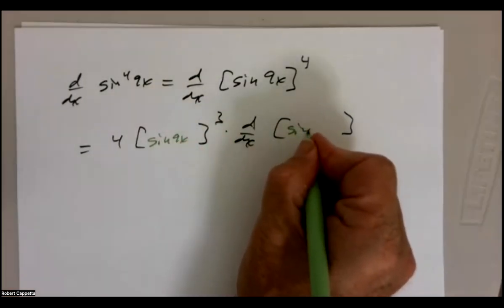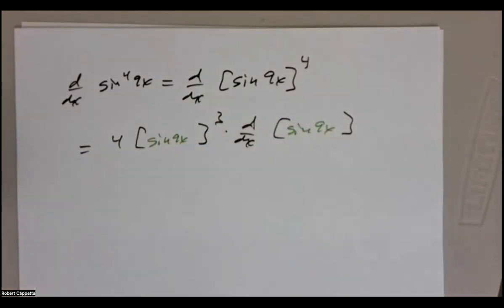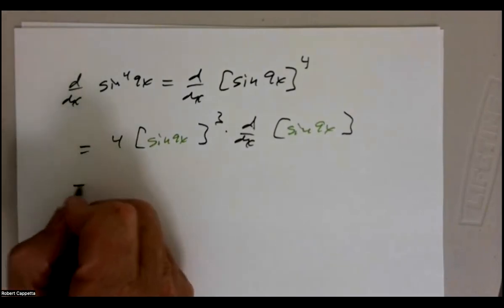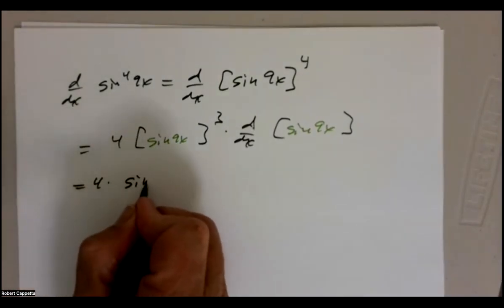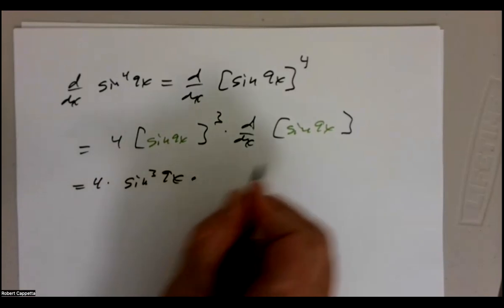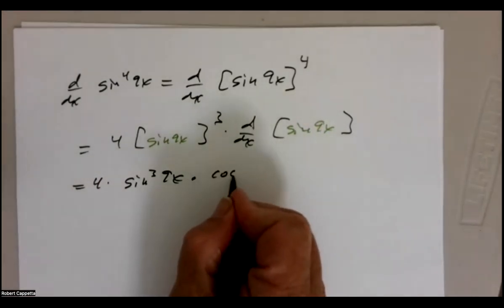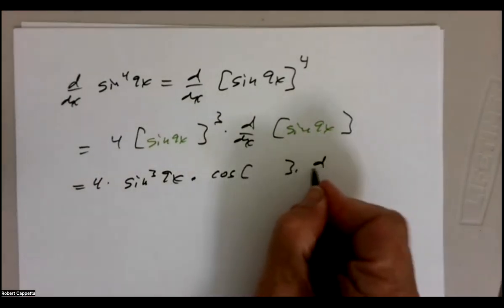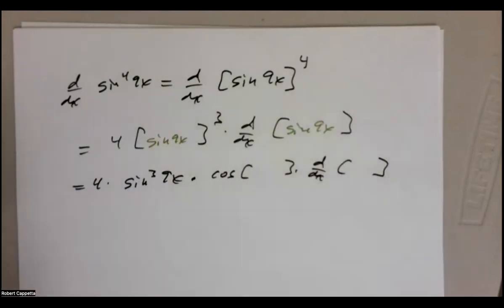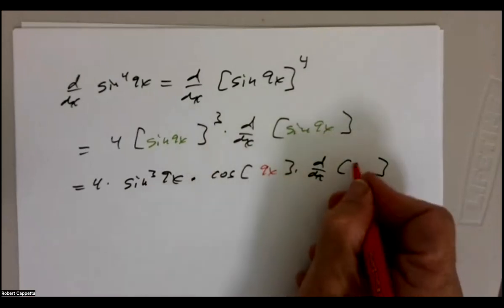Sine 9x. What does this mean? 4 times sine cubed 9x times, what's the derivative of sine of something? Cos of something times the derivative of the something. Cos of 9x times the derivative of 9x.